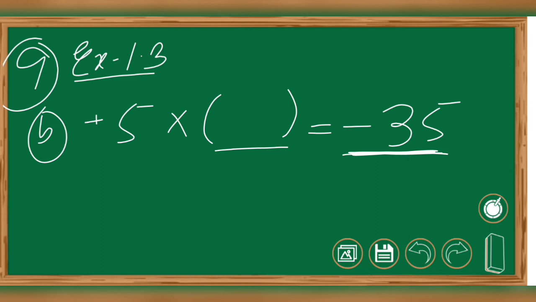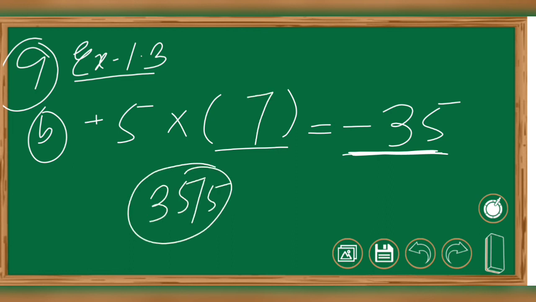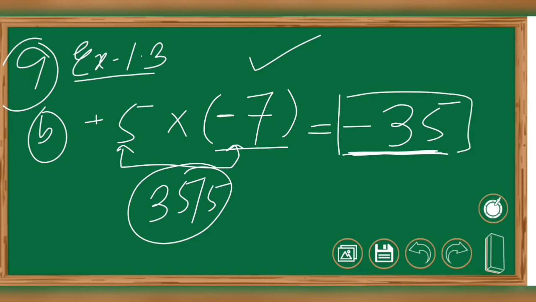So you can easily understand that the number will be 35 divided by 5, that is 7. And what will be the sign for it? Yes, it will be a minus sign. So it is a negative integer, and 5 will be multiplied by minus 7, so that we will get minus 35 as the result.